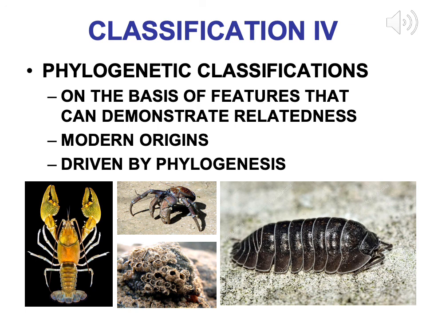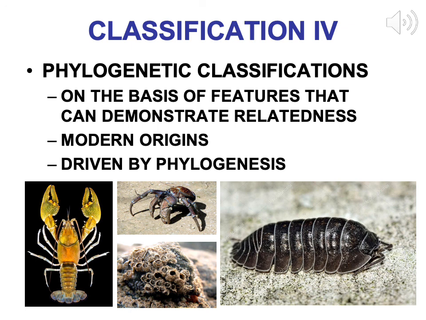I see what looks like a crayfish, I see a crab, and I would lump shrimp in with those, but then I also see barnacles, and I see a roly-poly. Now, barnacles and roly-polies, even though they don't look like lobsters, crayfish, crabs, or shrimp, are still crustaceans.